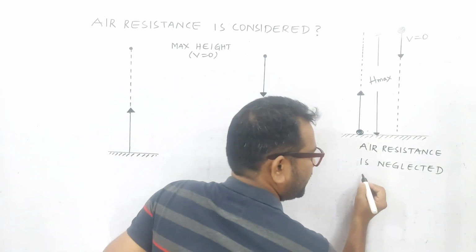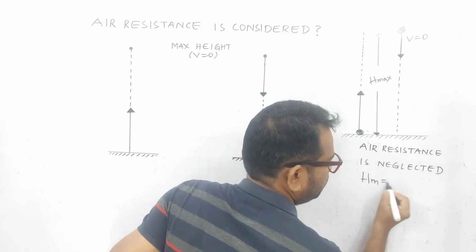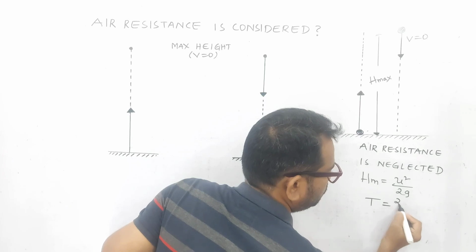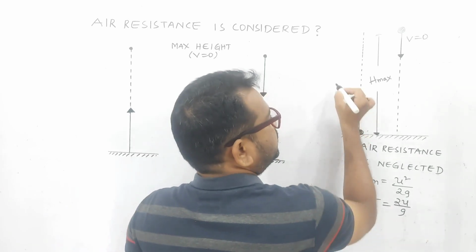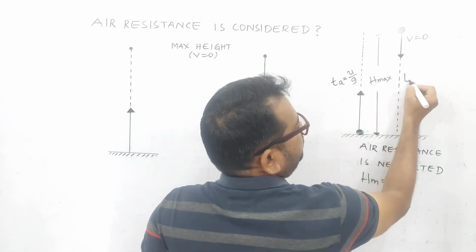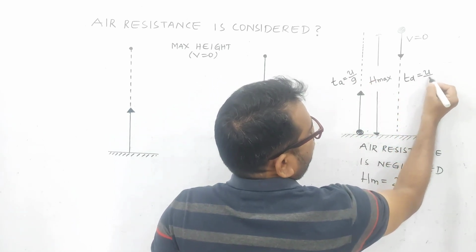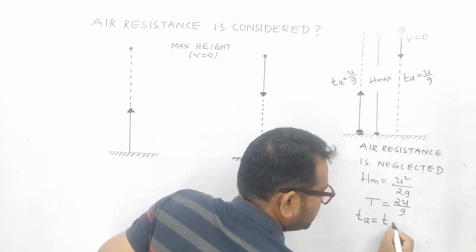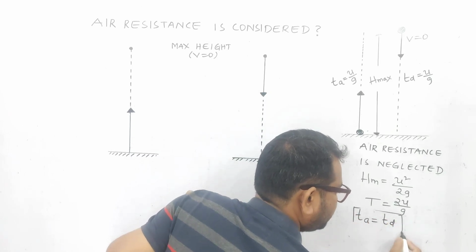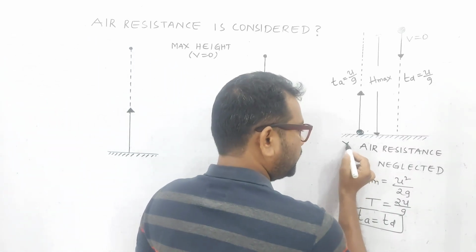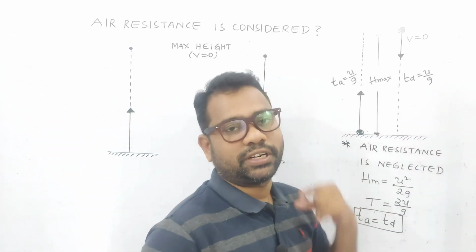The maximum height reached is equal to u square by 2g, the time of flight is equal to 2u by g, the time of ascent is equal to u by g, and the time of descent is equal to u by g. So if you notice here, the time of ascent is equal to the time of descent. But this is possible only when air resistance is neglected.